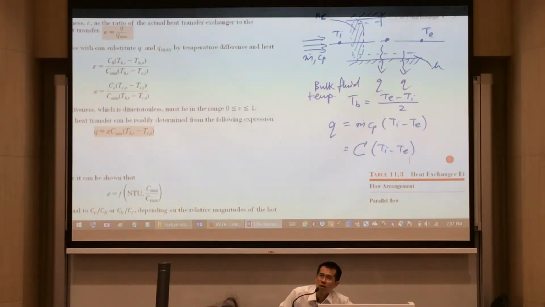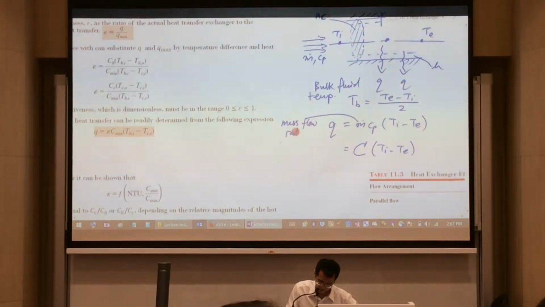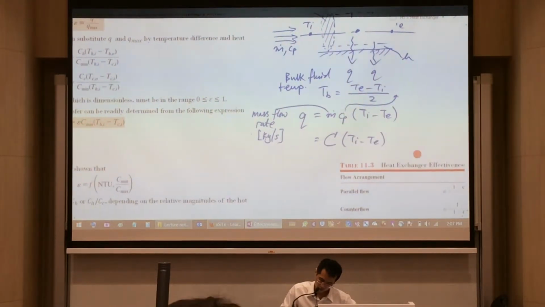Okay. And there are words behind all these symbols. So you would need to know how we call them in English. This term here, m dot, that is your mass flow rate. And the unit for mass flow rate is kilograms per second. That term small cp, that term over there, is called your specific heat capacity.